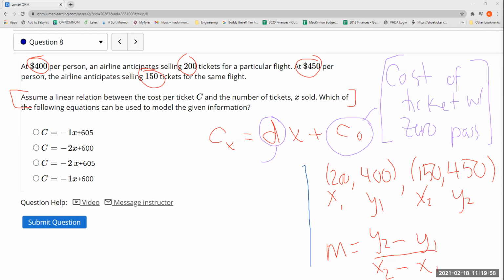Here's what I see. When I sold 200 tickets, it cost $400. When I sold 150 tickets, it cost $450.